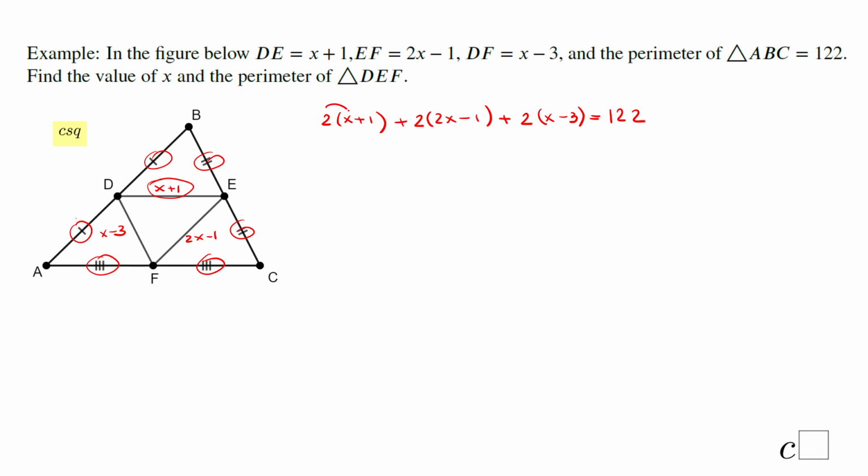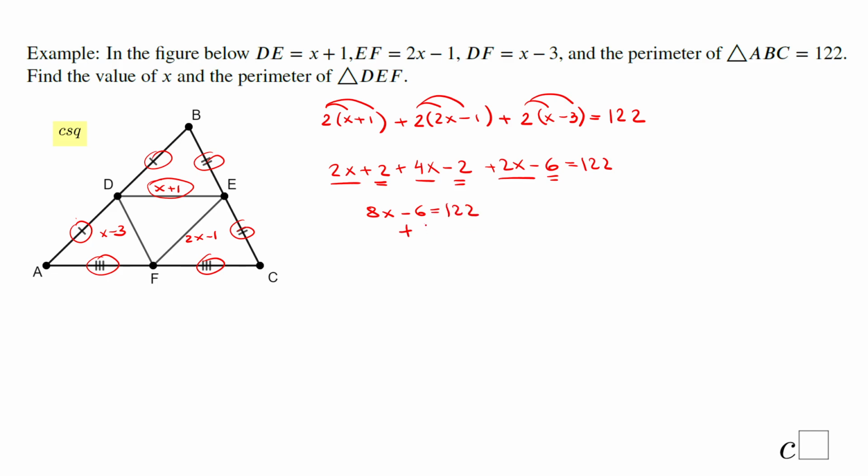I'm going to use here the distributive property 3 times, right? Okay, for x minus 2. Now here we have the last one, 8x minus 6 equals 122, and now we're going to combine the like terms, the x's first. So we have 2x, 4x, 6x, 8x, and then we have positive 2 minus 2 minus 6, so that will be minus 6 equals 122.